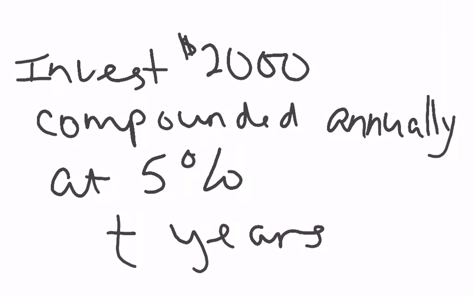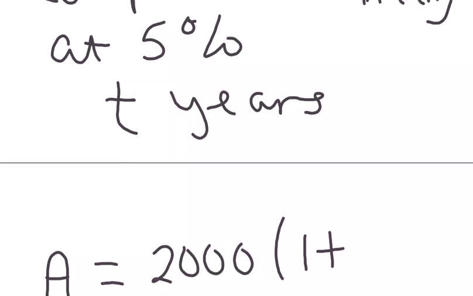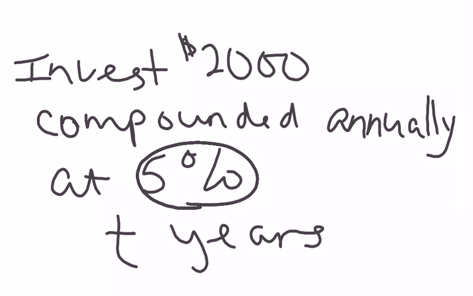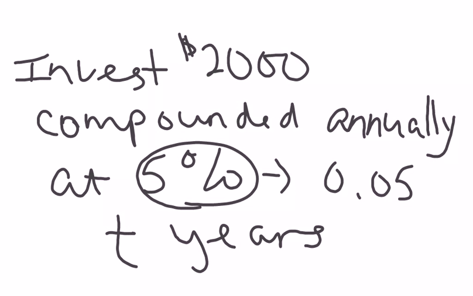So we would use that same formula that we just saw. And so we would have A equals, our P is 2,000 times 1 plus, now our interest rate is 5%, but if we change that to a decimal, it's 0.05, over N, and N is how many times it's compounded.